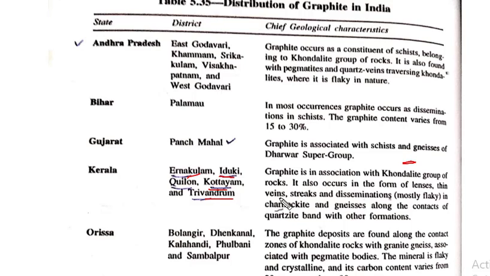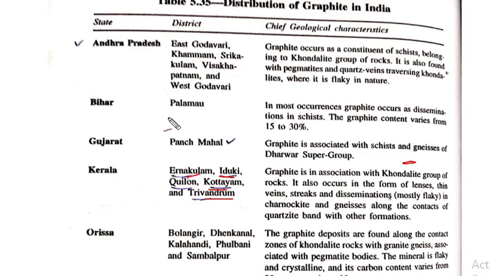Streaks are formed when you rub graphite or anything on a rough surface, a powder-like substance is generated and a streak is formed, that is called a streak. And disseminations are the form of points that I told you earlier.